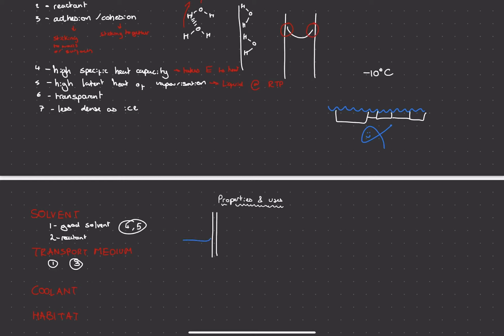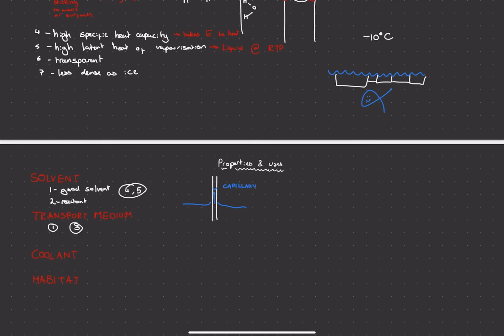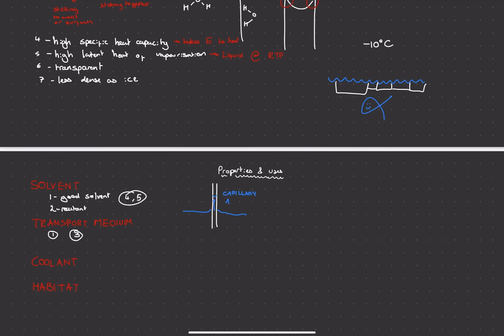So if I put a thin tube in a bath of water like this, we'll actually see that water gets pulled up here, and we call this capillary action. And that's something that goes along with these adhesion and cohesion properties, and that's something that's very useful for water as a transport medium. Capillary action.